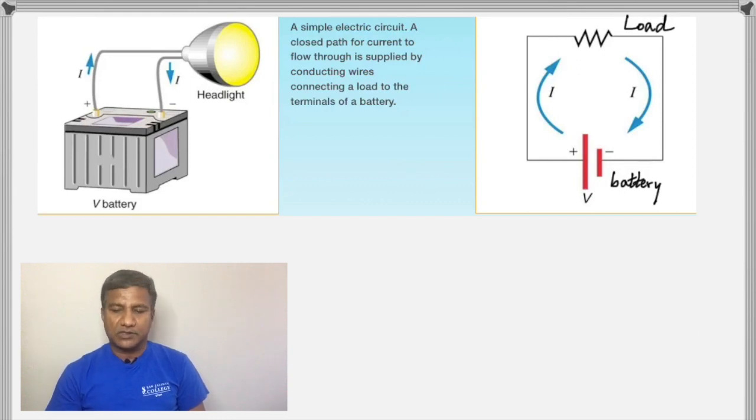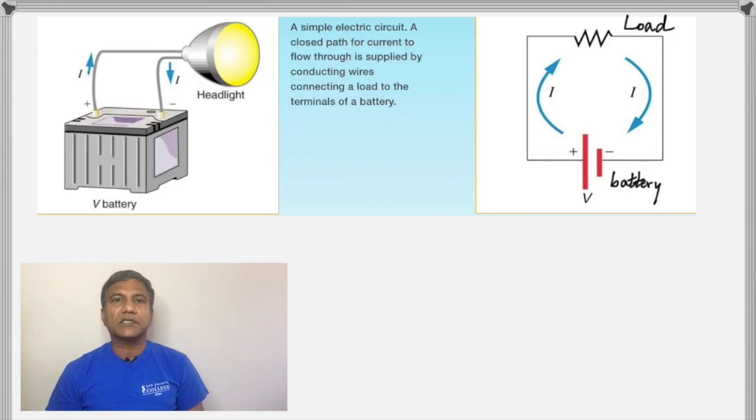This will be the resistance of the headlight. That's the electrical circuit. And in any circuit, current always flows from the positive to the negative of the battery.